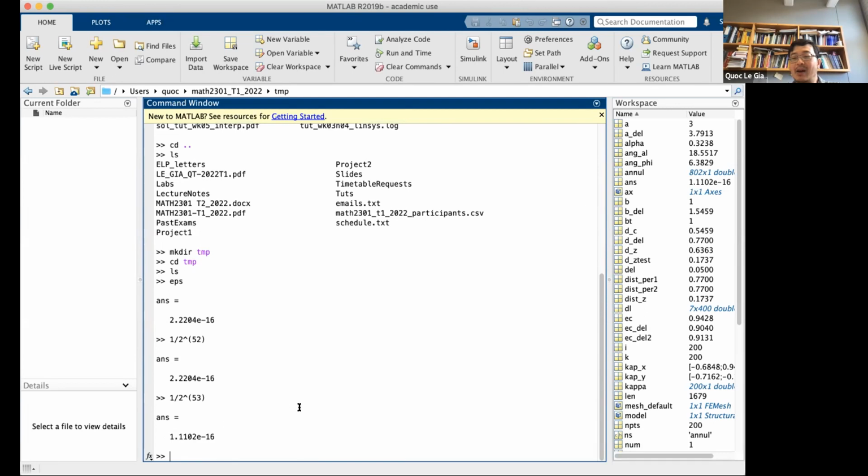Epsilon is just the gap between 1 and the next machine number. But 1 over 2 to the 52 does not become 0 yet, right? Why is that?